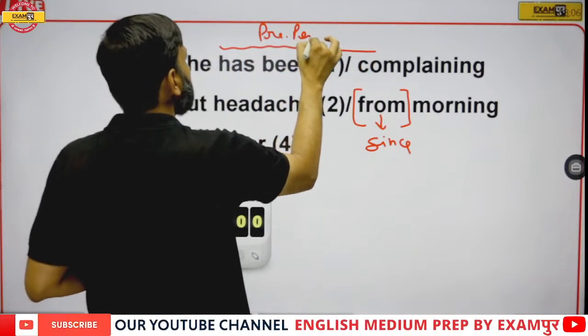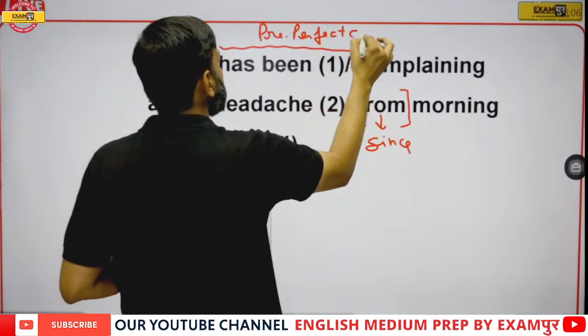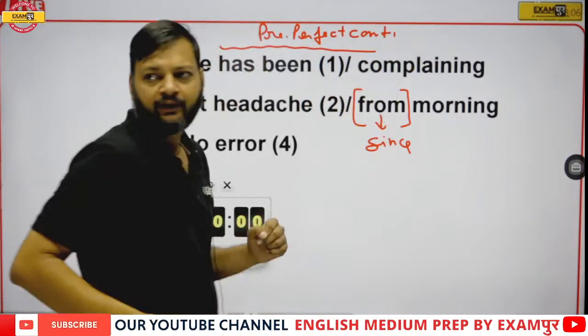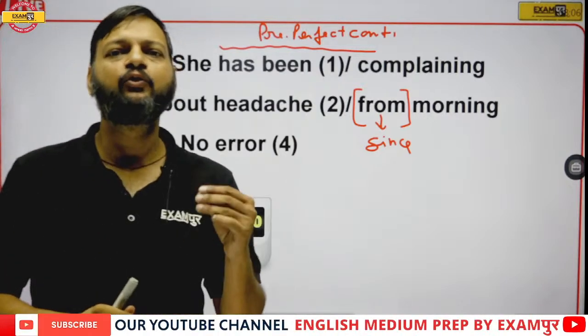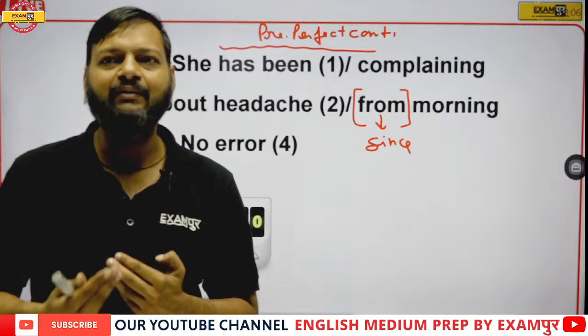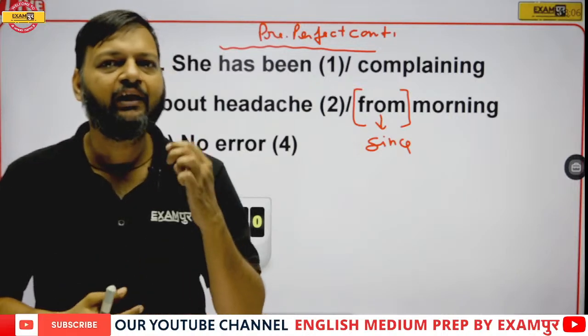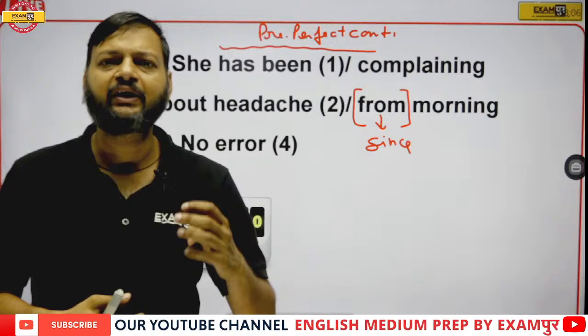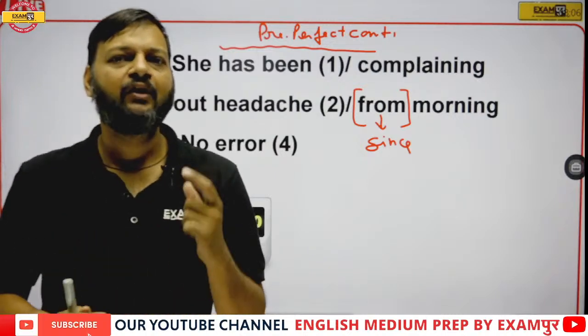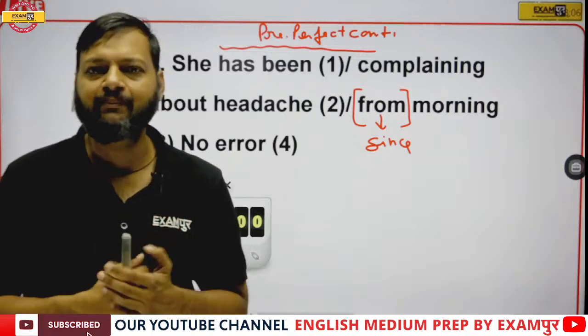And we all know that if the sentence is present perfect or present perfect continuous or any perfect continuous, we use since or for as time expression.